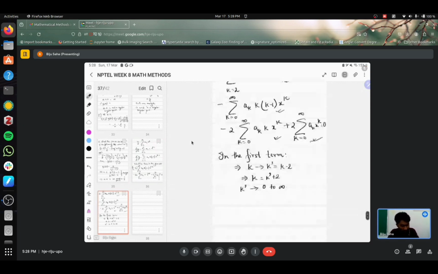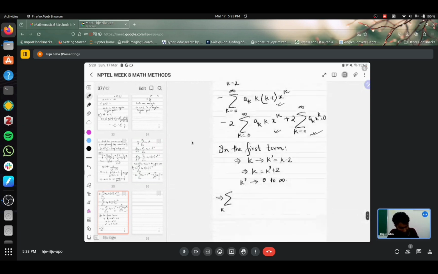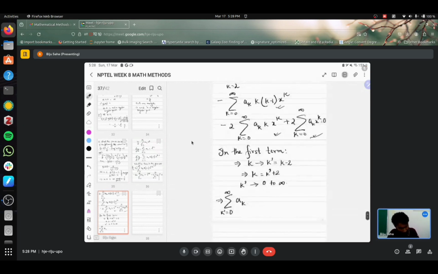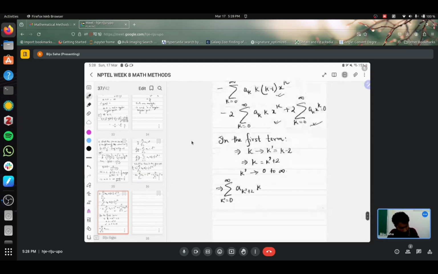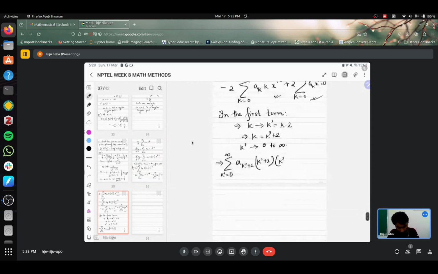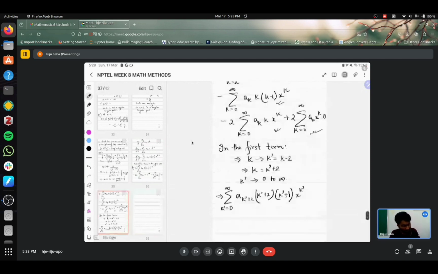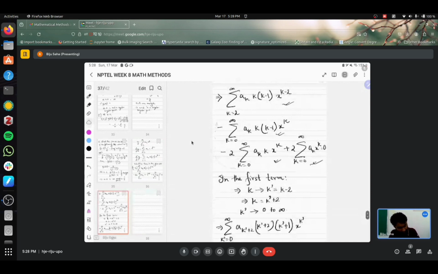So with all this prescription, I can write my first term as this, whereas all other terms remain as they are.